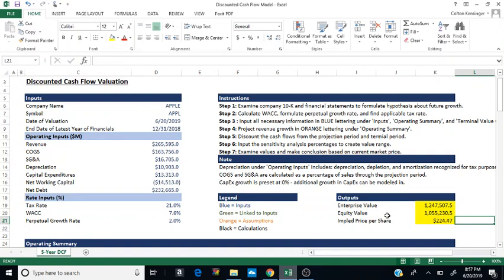So this is just one example we can use on why to buy Apple, because we believe it should be worth $224.47 a share. And this isn't foolproof either. Companies can have a bad quarter or change their guidance, which happens all the time. But this is a very effective way to get an idea for how much a company is worth. And if they're producing money, then we can put a value on the company if we want to.